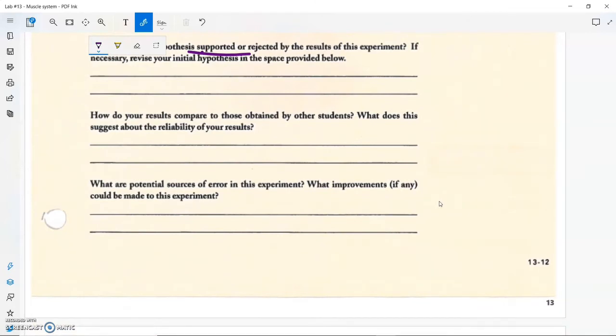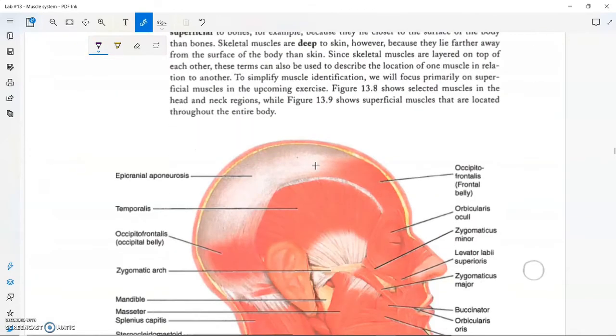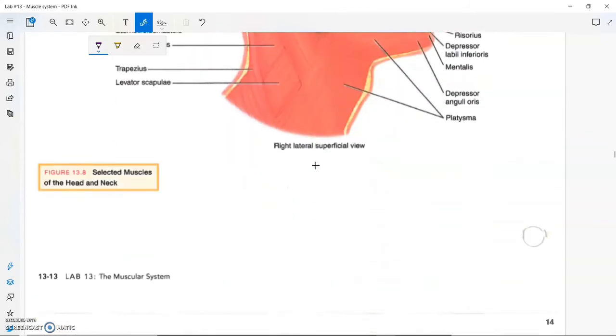Potential sources of error and imprecision of contraction may be different amounts of chemicals that are added by different students. Improvement: standardize the amount of chemicals, standardize the size of the muscle fiber, improve measuring capacity.